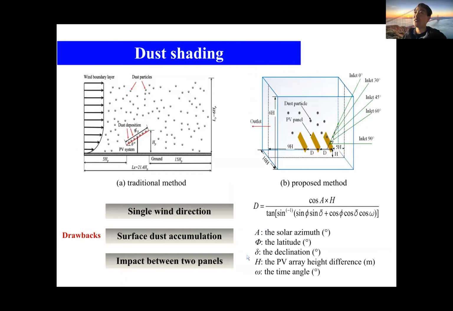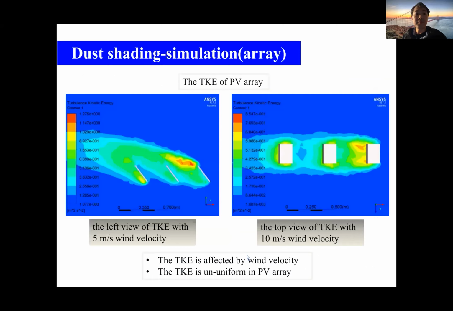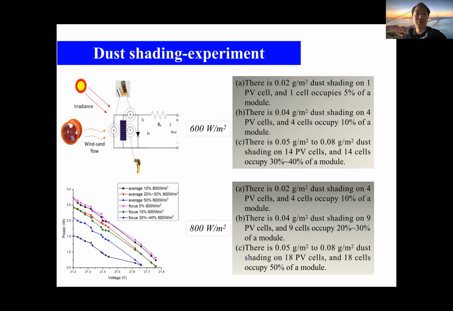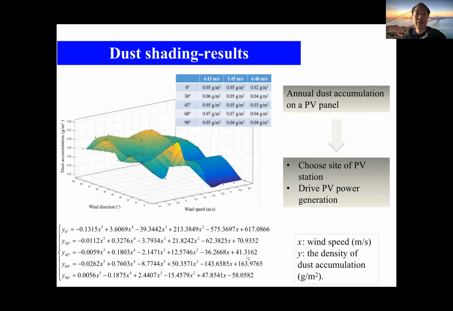So we analyzed the dust distribution on PV modules under different wind and environmental conditions. We did simulations, and we can predict the best timing for PV owners to clean them.